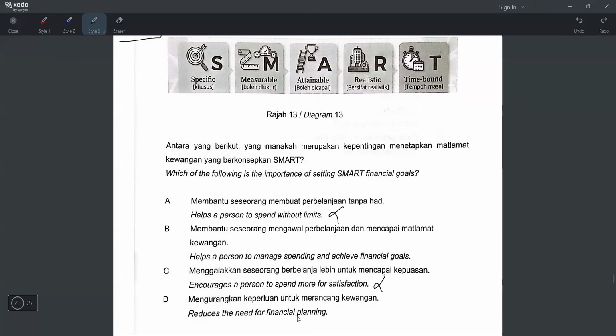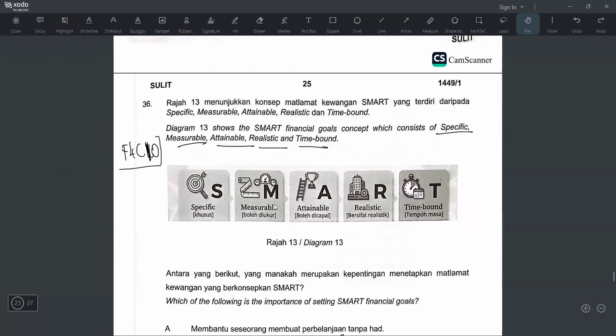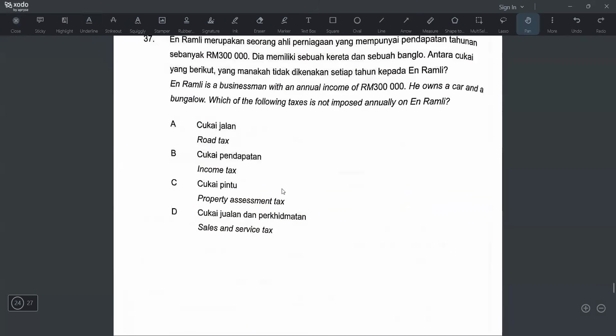Okay, D, reduce the need for financial planning. No. Hey, this SMART approach is for financial planning. What do you mean by reduce? So the B answer makes sense. Helps a person to manage spending and achieve financial goals. Yeah, this SMART approach actually helps you achieve that. Yeah, correct. Okay, that's all.